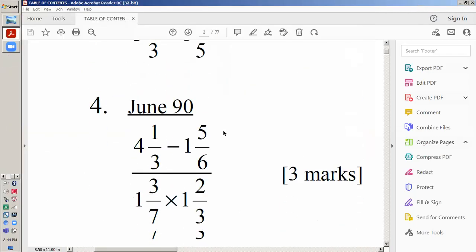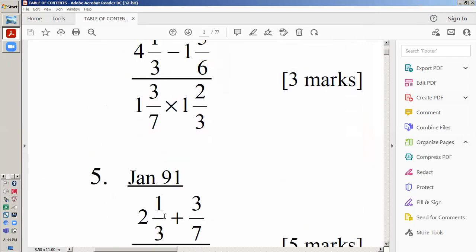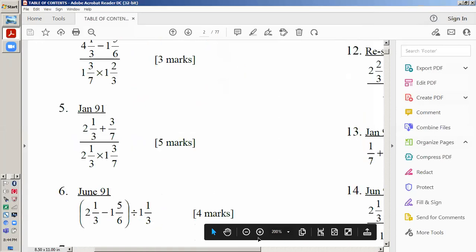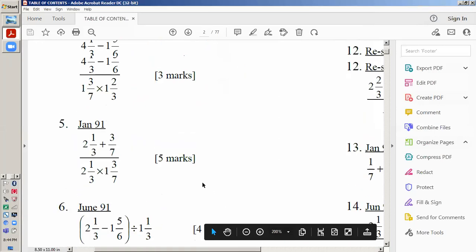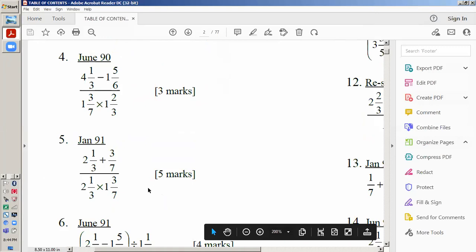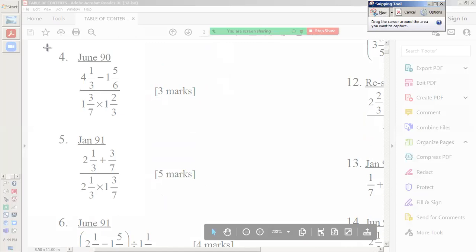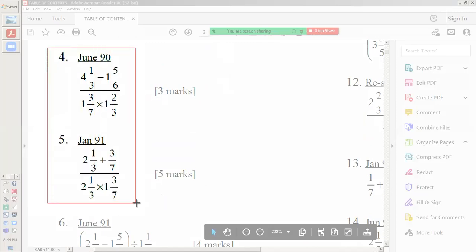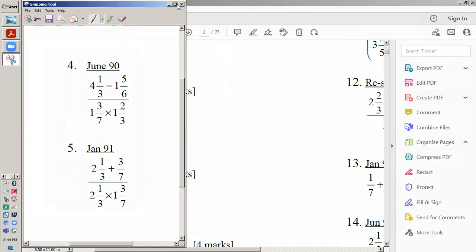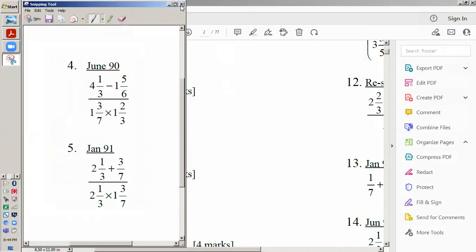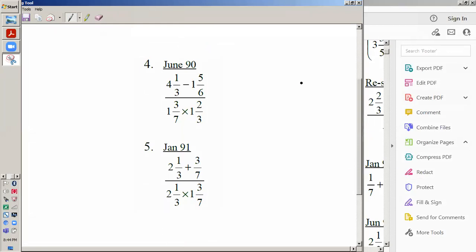So I want you guys to try these two. All right, try these two for me. I'm going to give you 7 minutes.